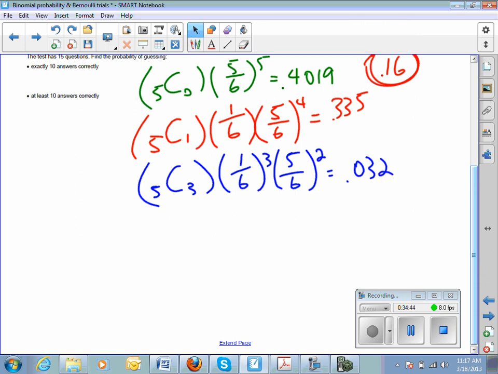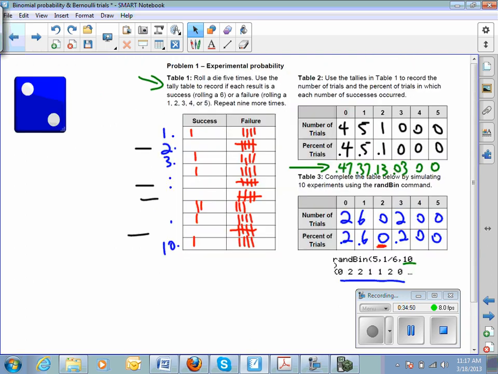All right, so about 3%. Let's see how we did. Amazing. What was yours? Same. All right, yay, finally we're going in the right direction.